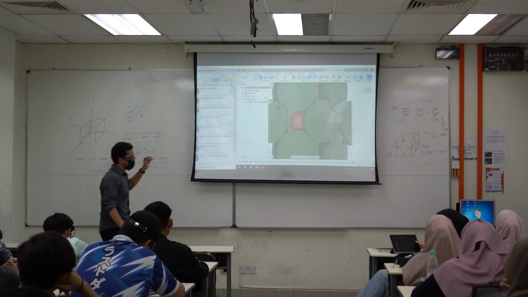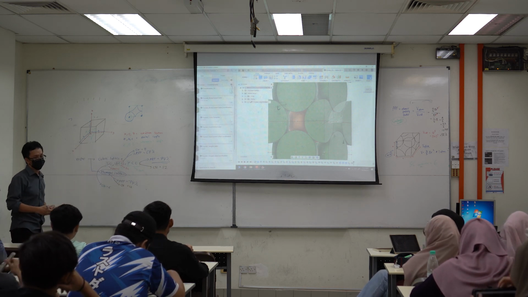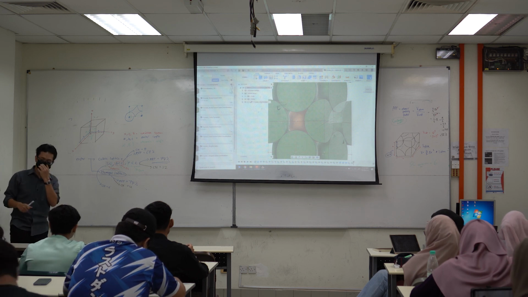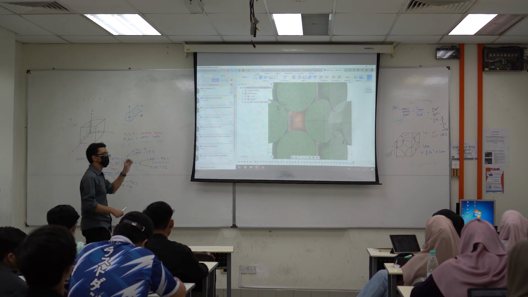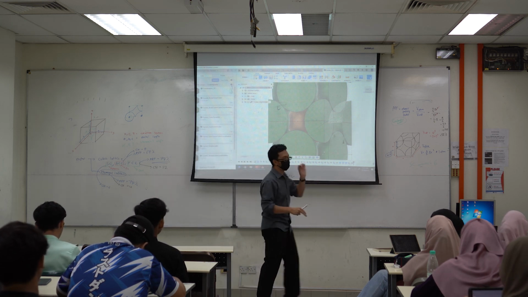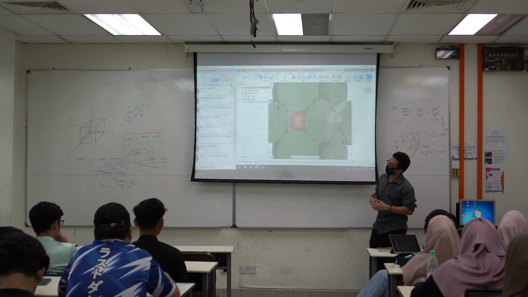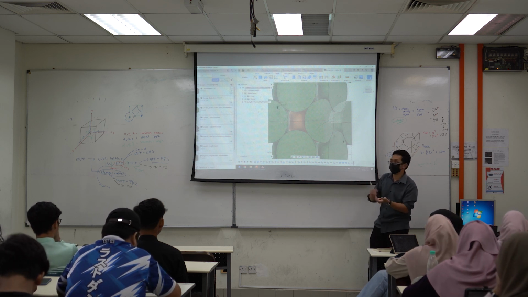So this is the basis of crystallography. You need to know about the unit cell, because from the unit cell you know where to put the atom. Once you know where to put the atom, you can see whether it's efficient packing or not.